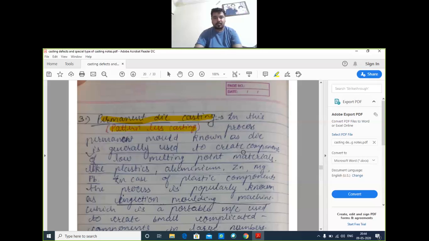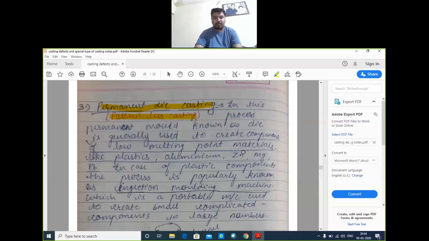In this process, a permanent mold known as a die is generally used to create components from low melting point materials like plastic, aluminum, zinc, magnesium, and lead.